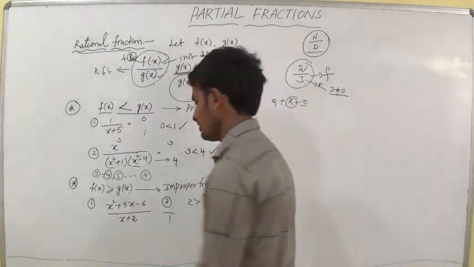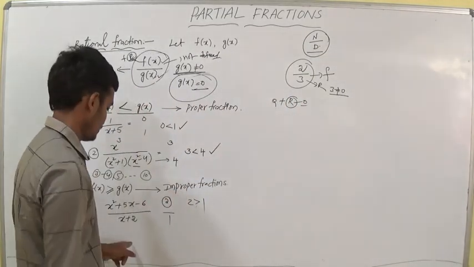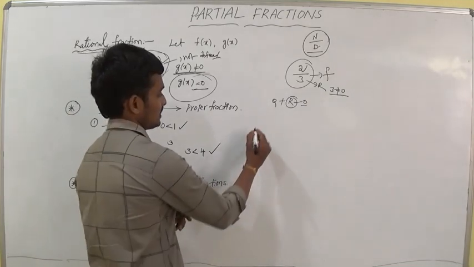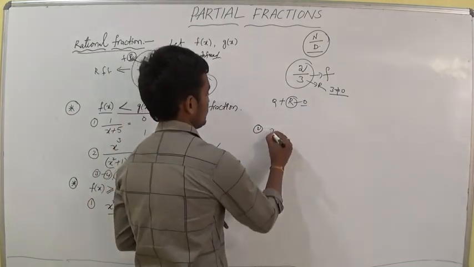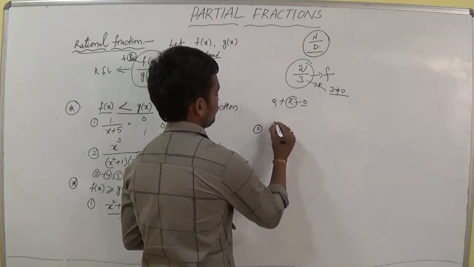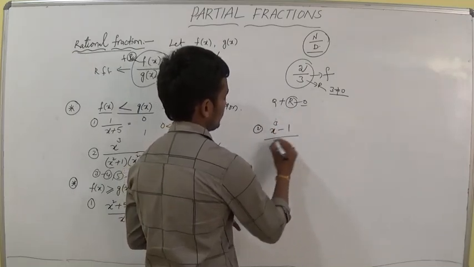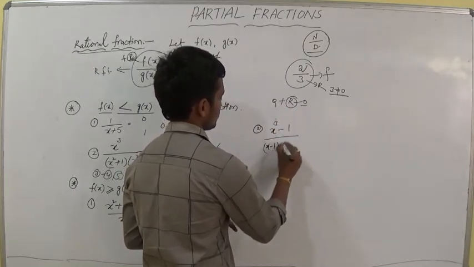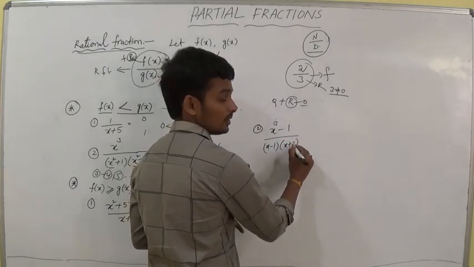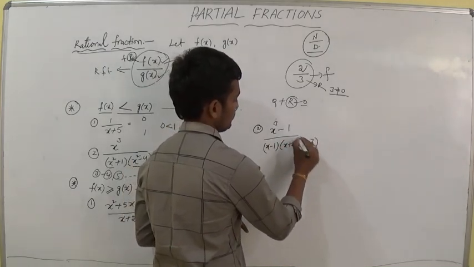In the same way, for example, I am writing another example. There is no space, so I am writing here. The second example is x cube minus 1 by x minus 1 into x plus 2 into x minus 3.